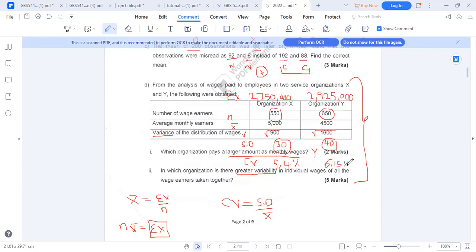So which one has more variability? Y has more variability. So that is how you calculate it, and you get your 7 marks from that.